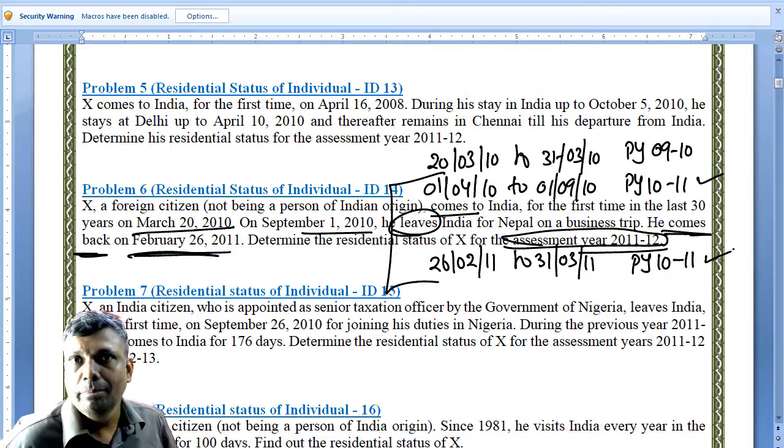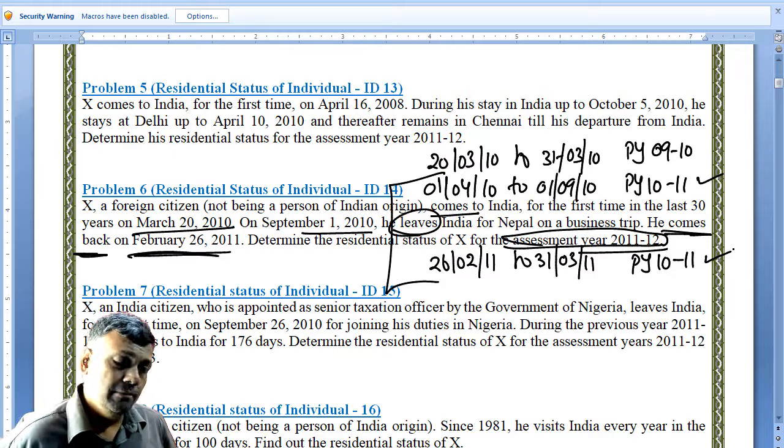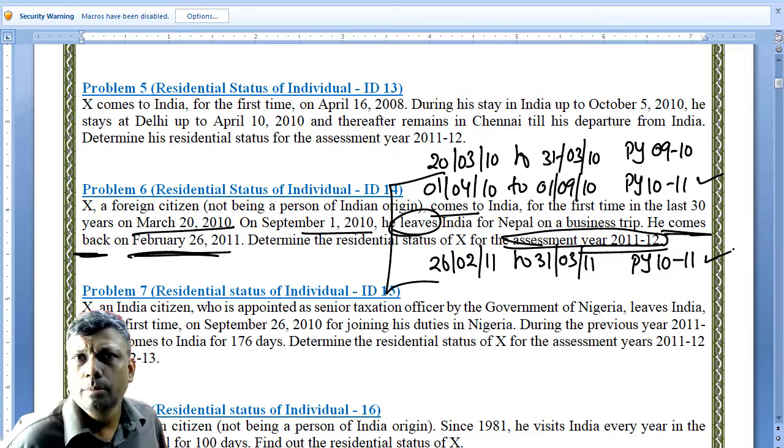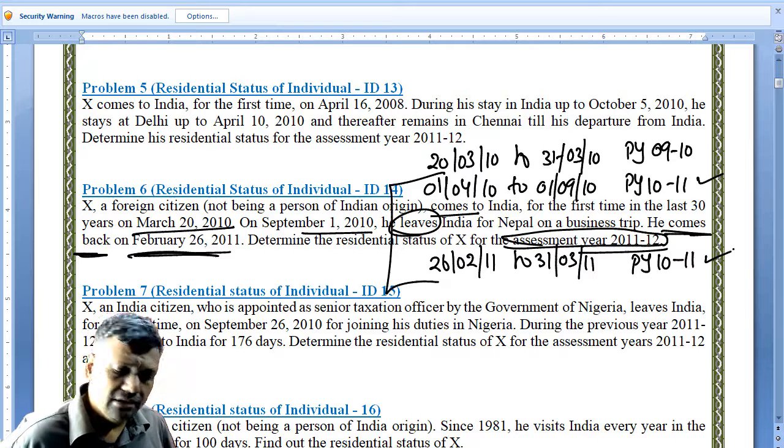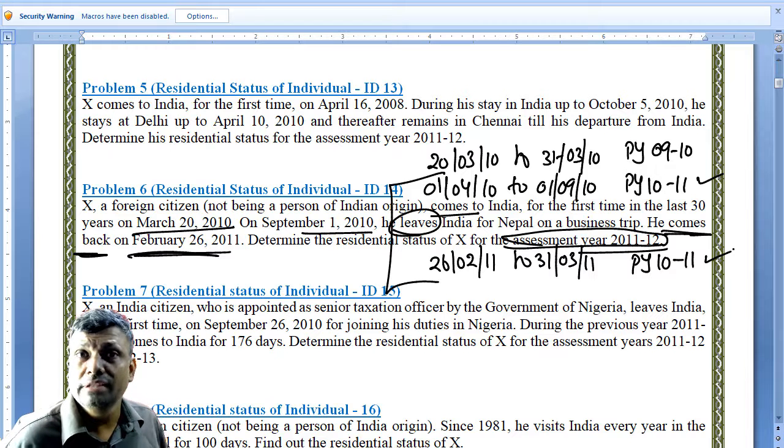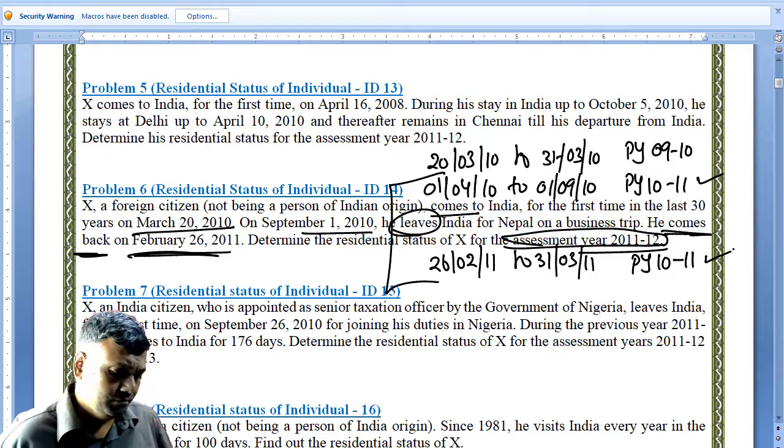And I've already told you also in my previous class that his visit in India, that means his stay in India, can be anywhere. For a few months he may stay in Delhi and then he may go to Chennai and then he may come to Mumbai. All those situations are okay. Those complications are not there. His stay in India is actual physical stay in India.